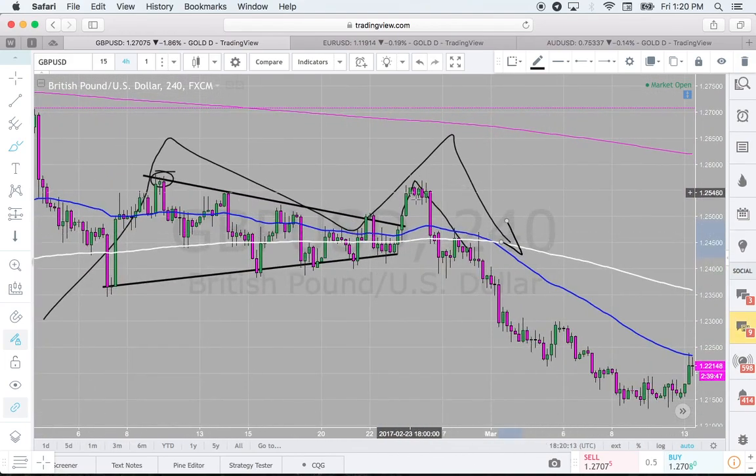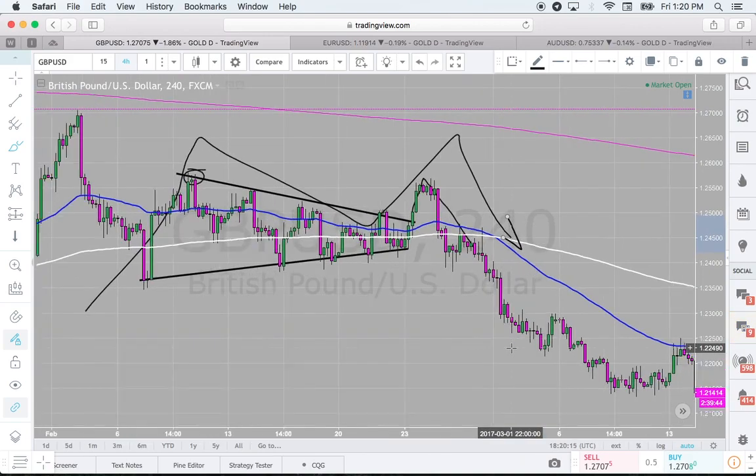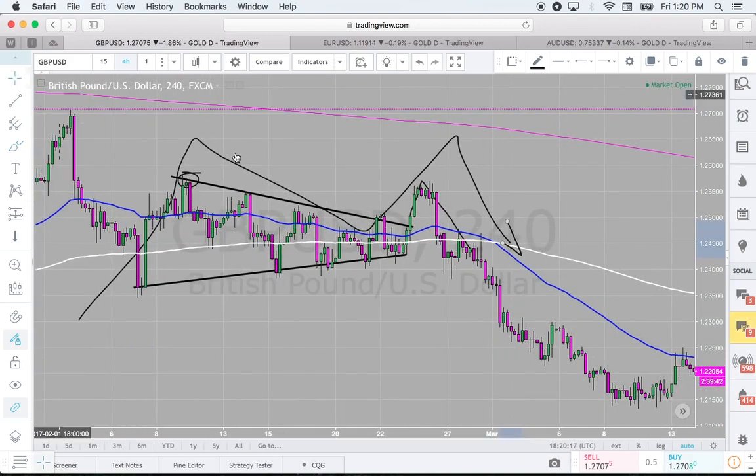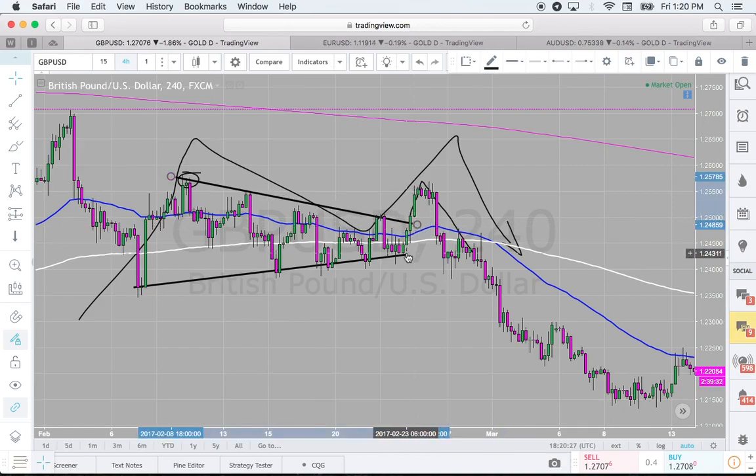Price then dropped off of that M formation. You trade these patterns differently once you realize how they're being manipulated.